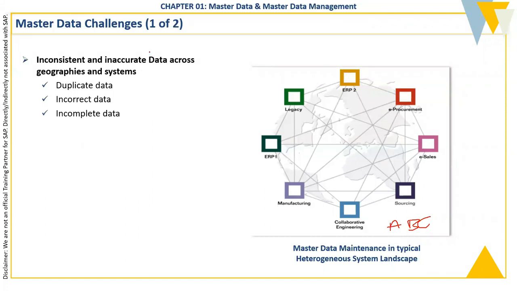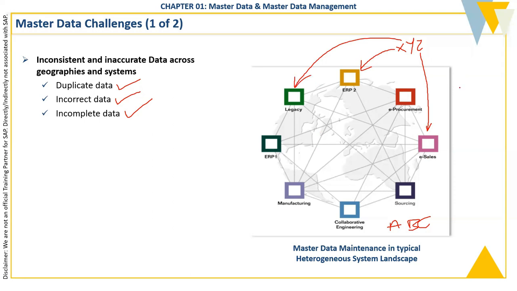So we would see these kinds of issues with the data: duplicate data, incorrect data, incomplete data. So what is duplicate data? Let's say some XYZ customer is there. That customer might be purchasing products from this region and this region. Let's take a simple scenario.